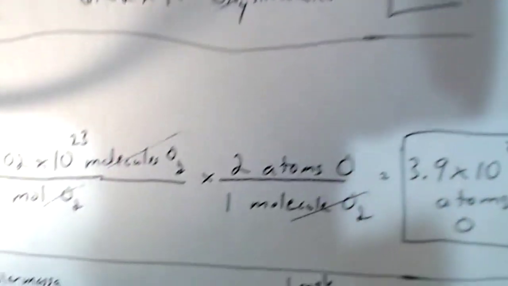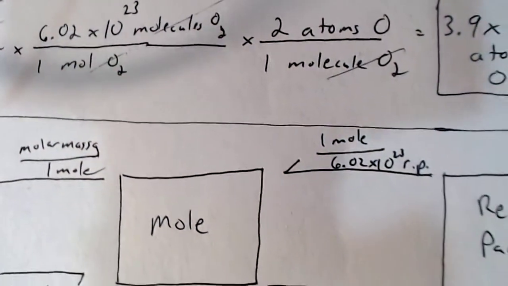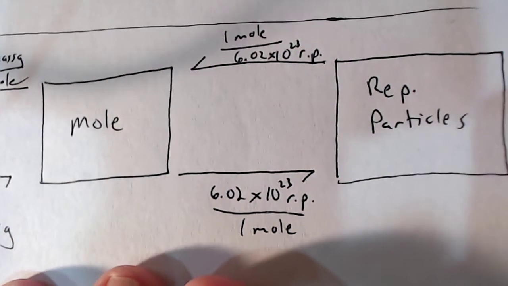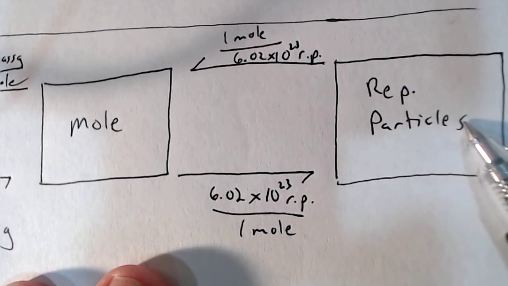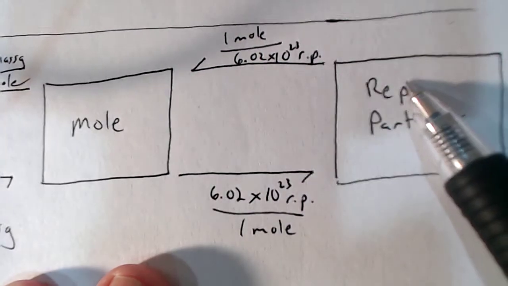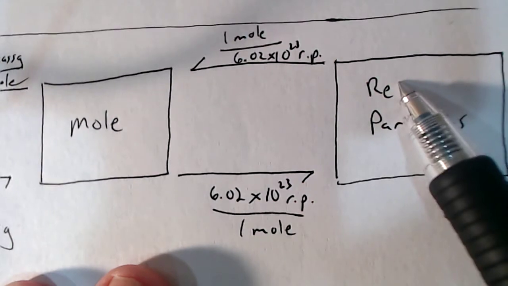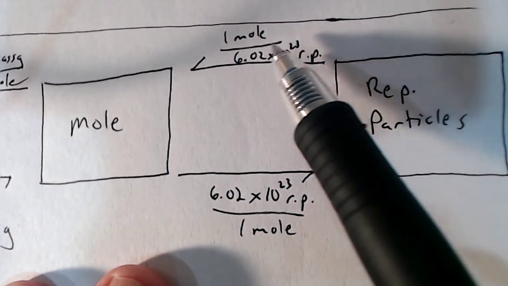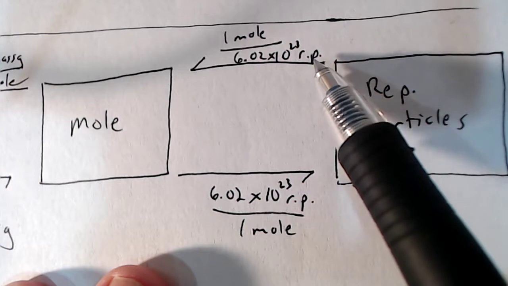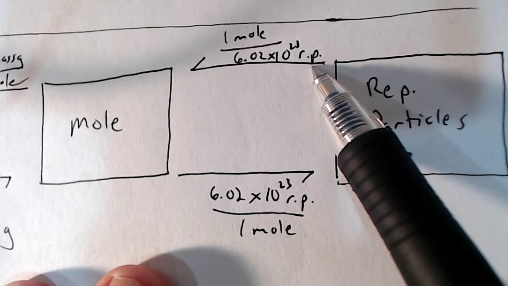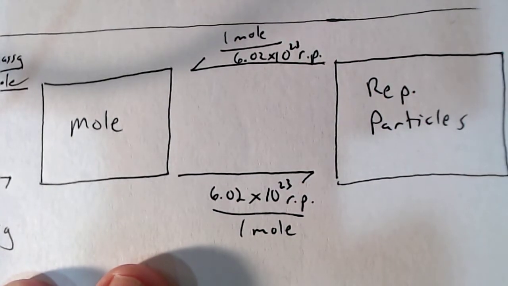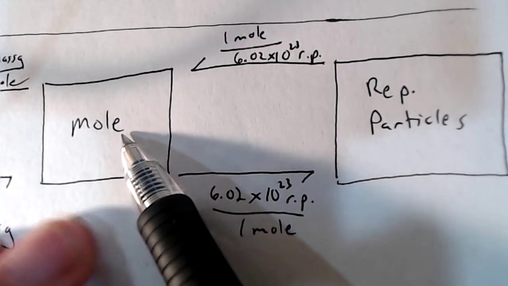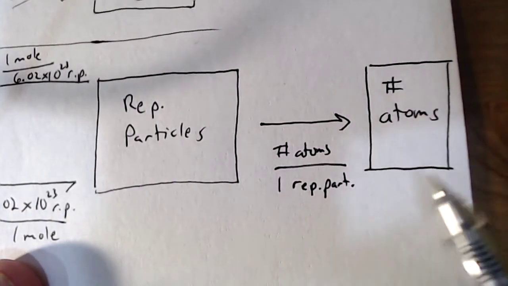Okay, so what we just did was we used this mole map. In the first case, we converted from molecules, a type of representative particle, into moles. To go from representative particles to moles, you just take your representative particle number and multiply by this unit conversion factor. It gets rid of the unit of representative particles because it was on the top and ends up on the bottom, and it converts into moles. In the second problem, we converted from moles of a substance into representative particles, but then into atoms.